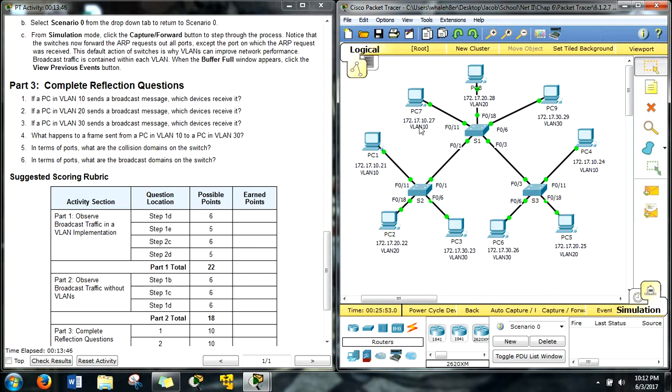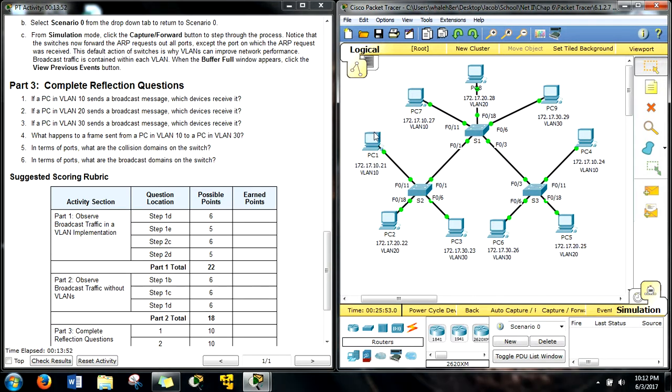In fact, just these labels are all that tells us where VLAN 10 used to be. So if a broadcast is sent out on VLAN 10 and the switches are configured for VLANs, then it would only send it to VLAN 10 devices, like we saw when we first began this Packet Tracer. Same for VLAN 20, same for VLAN 30.